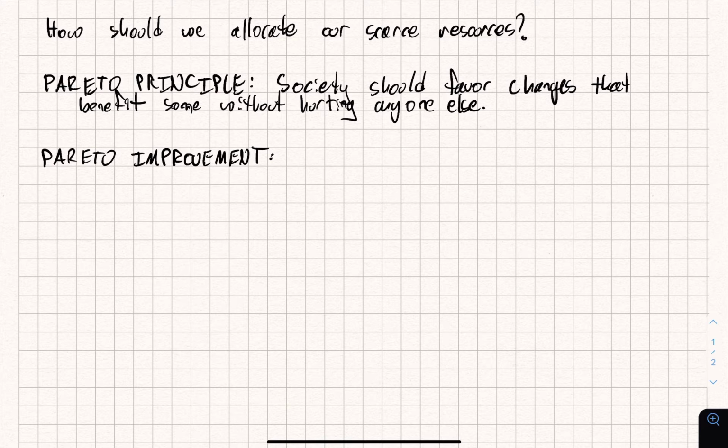Essentially, a Pareto improvement is just doing what the Pareto principle recommends, where we benefit some without hurting anyone else. So it's the movement or the improvement that the Pareto principle recommends.